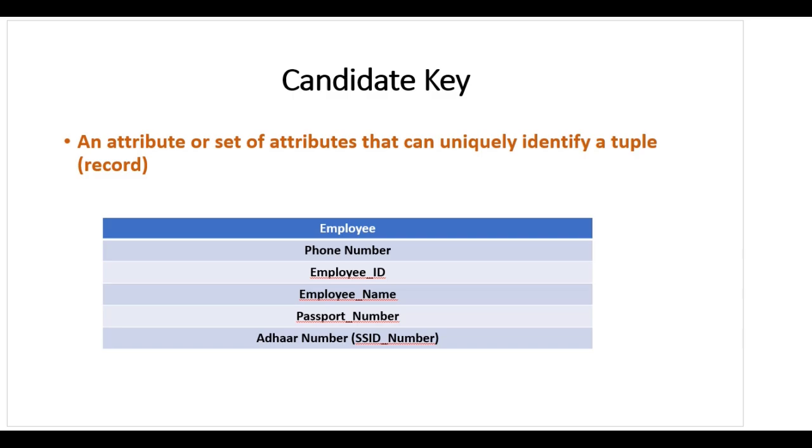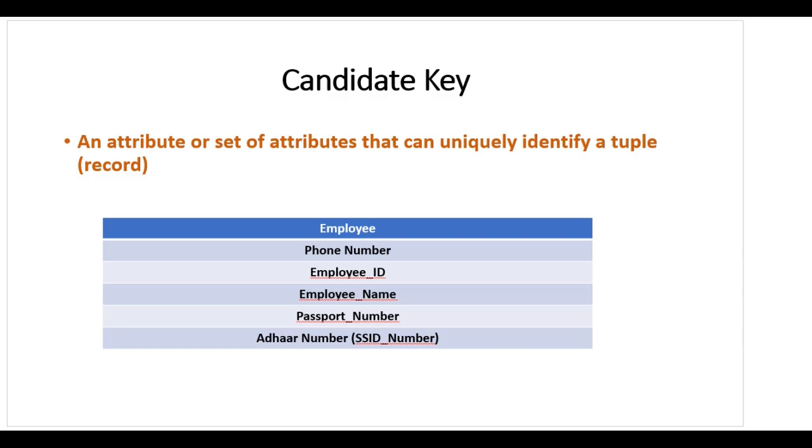If I say employee name will not be unique, we discussed in the previous topic that it cannot be unique. Now if I go with a phone number, yes, it can be unique.